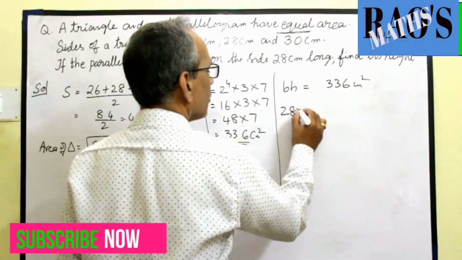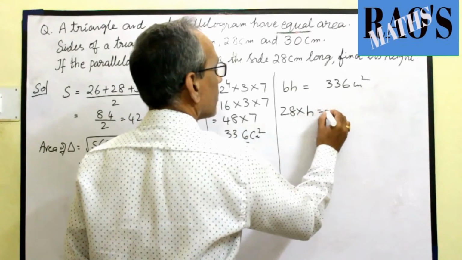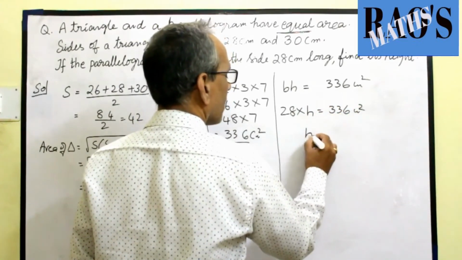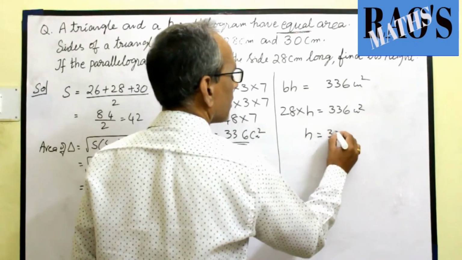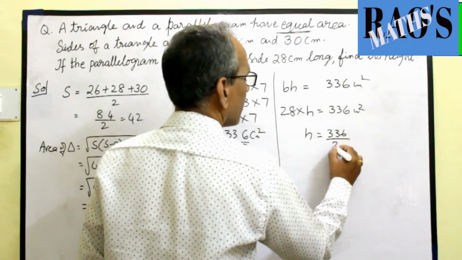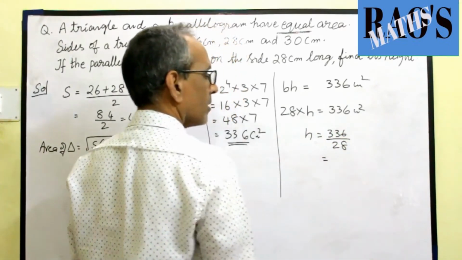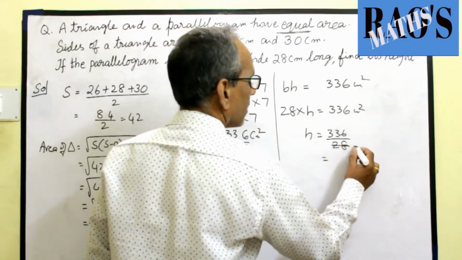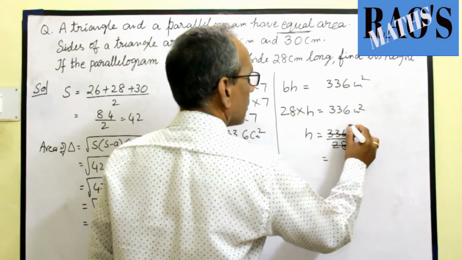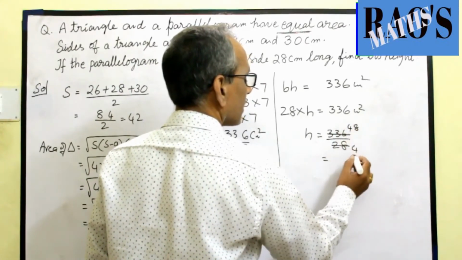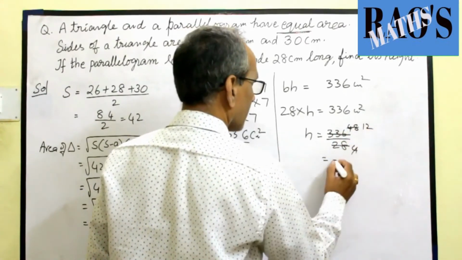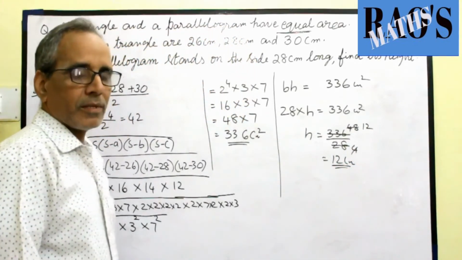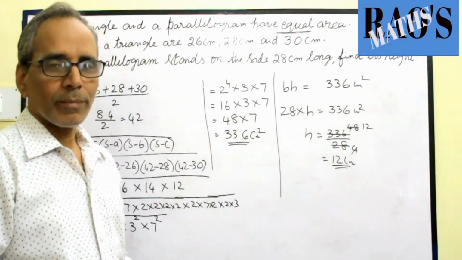So 28 into H is equal to 336 centimeter square, and I want the height of the parallelogram. 336 by 28, 7 is the common factor, 7 4s are 28, 7 14s are 98, 4 again 12. Okay, this is the way to get the height of the parallelogram.